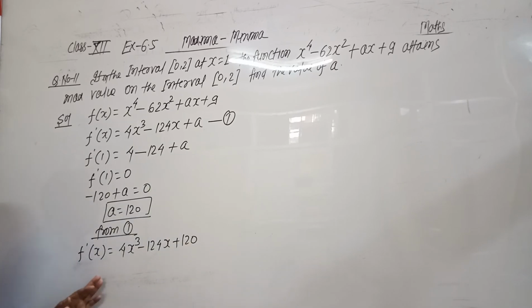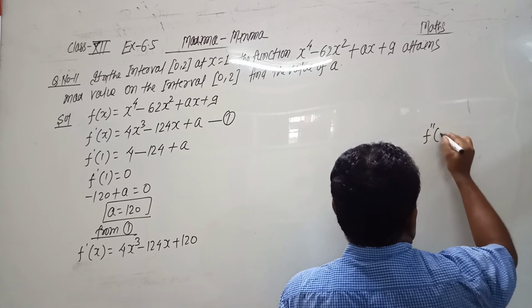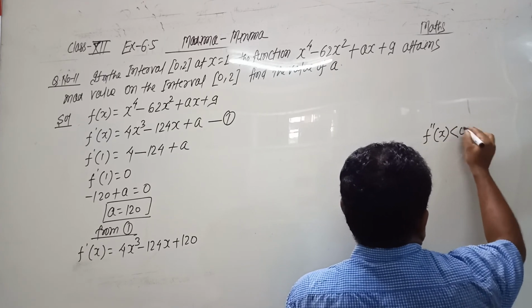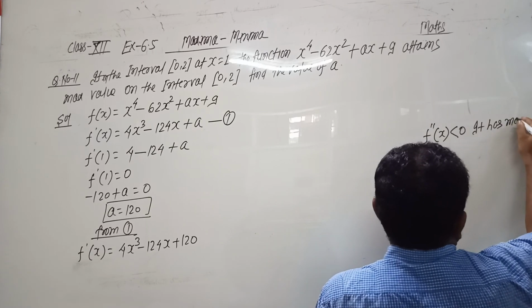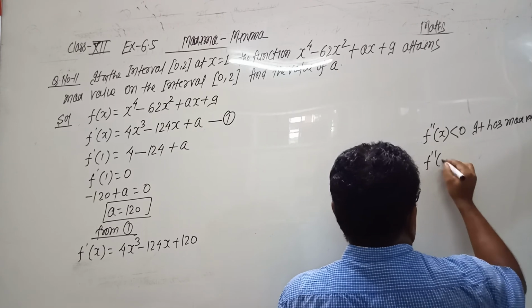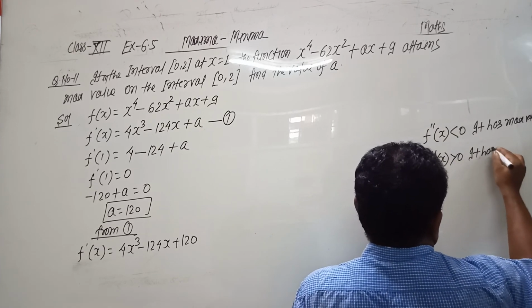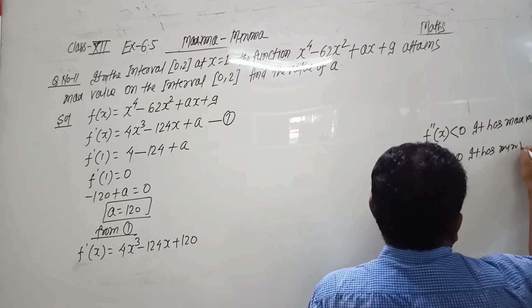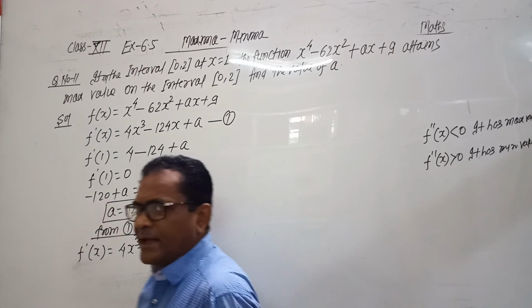Now we differentiate again. We find the double derivative, f double dash x, and if f double dash x is less than 0, it means it has maximum value, and if f double dash x is greater than 0, it means it has minimum value. This is called the second order derivative test.